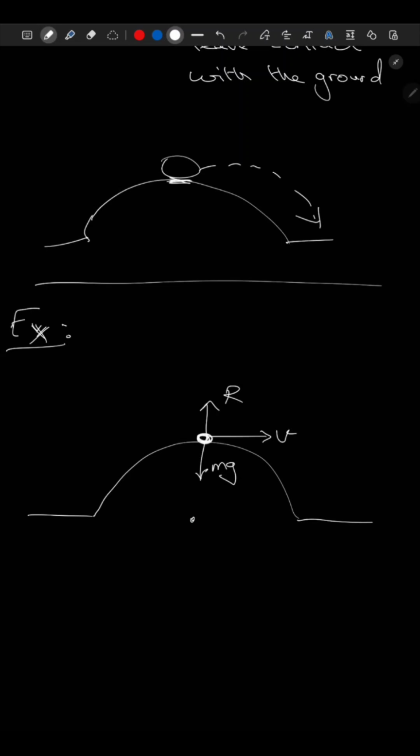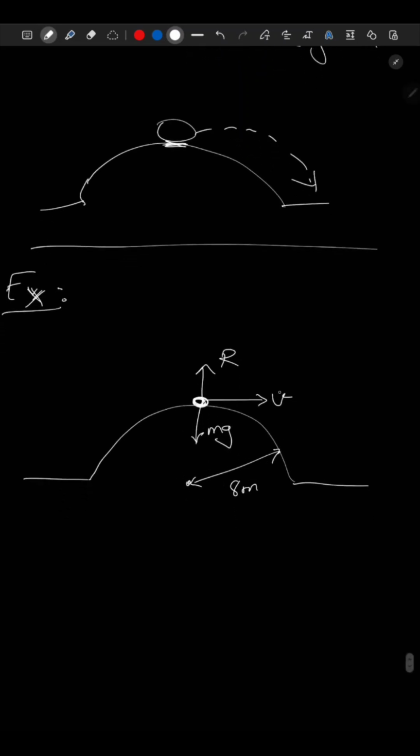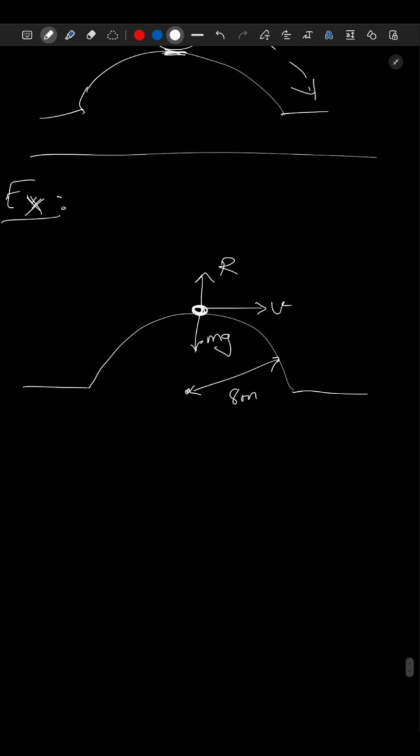Let's suppose that the radius is 8 meters. Now we have to calculate the maximum speed v of the car that the car can travel over this bridge of radius 8 meters without leaving the ground. So let's calculate this speed at which it is about to leave the ground.